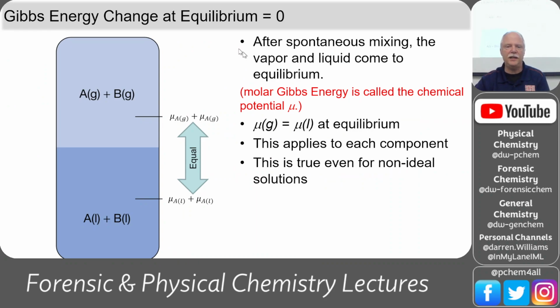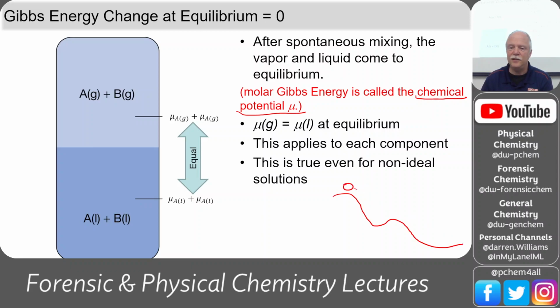After spontaneous mixing, the vapor and liquid come to equilibrium. If we take the Gibbs energy and talk about it in terms of moles, another term for that is chemical potential. And we like potential energy, right? We remember physics from when we were little. You've got a ball on a hill.